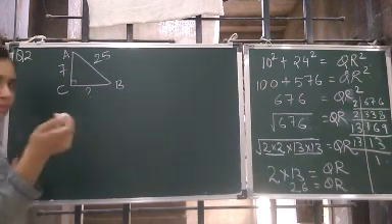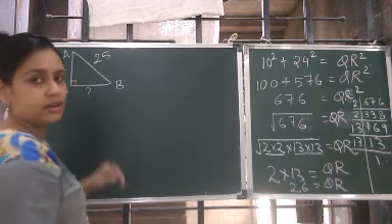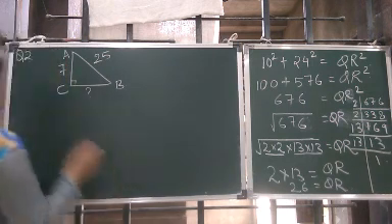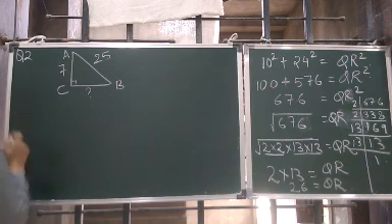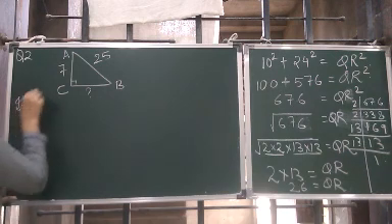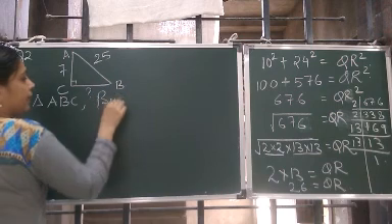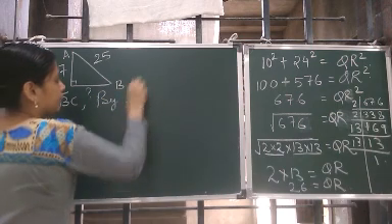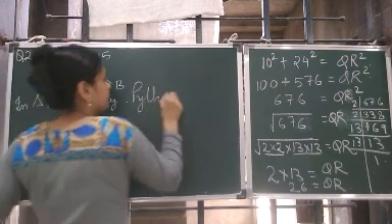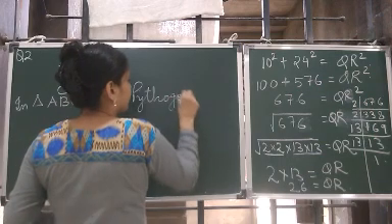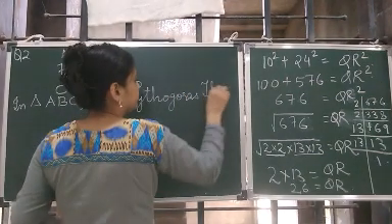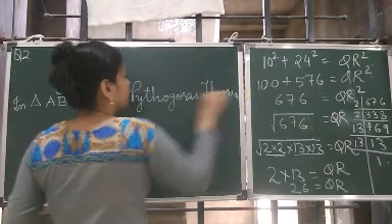So again we use the Pythagoras theorem and we find the value of BC. So we write in triangle ABC, by Pythagoras theorem. Very interesting theorem it is, yes.